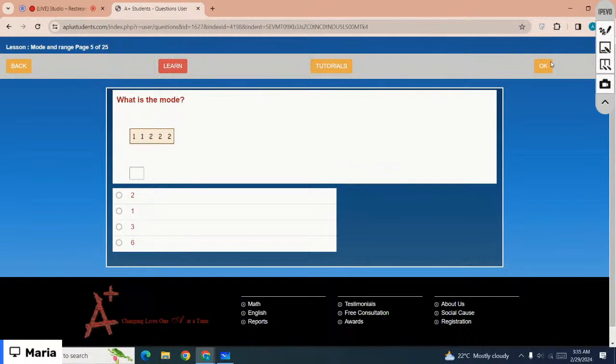So that means the mod is 2. Got it? Yes, the mod of the data is 2.